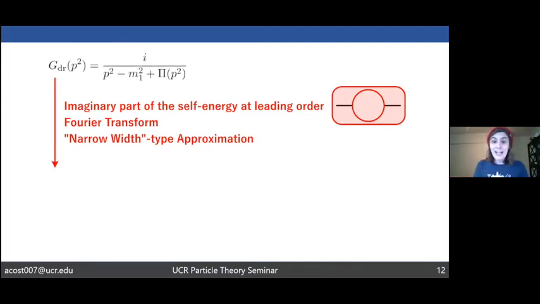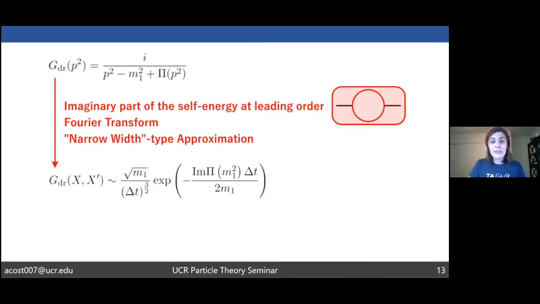The first is that if we take the imaginary part of the self energy at leading order, so only counting that contribution from that one lowest order diagram that I've put, and then if we Fourier transform and use a narrow width type approximation, we get something that looks like this. This is an exponential suppression for time-like separations.